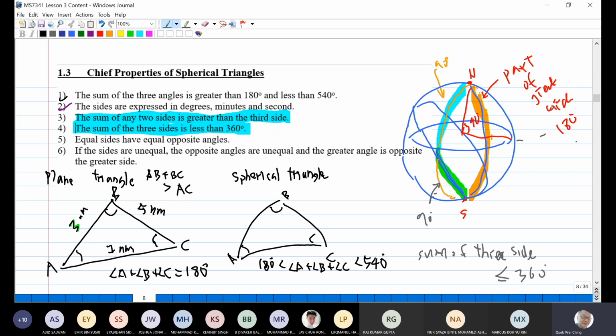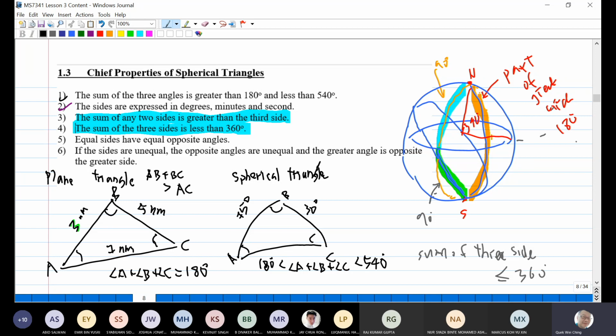Okay. Same thing for a spherical triangle. When you measure the distance in terms of degrees, let's say AB is 35 degrees and BC is 30 degrees.